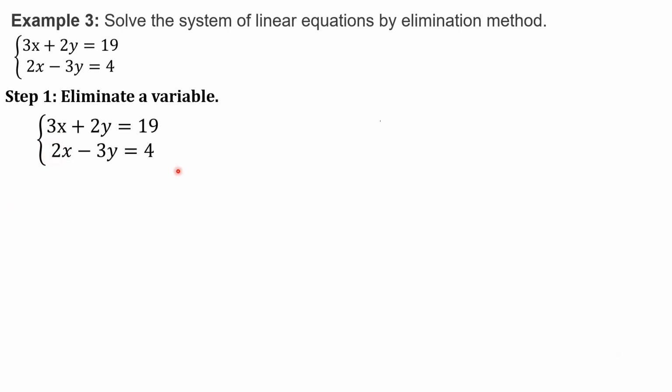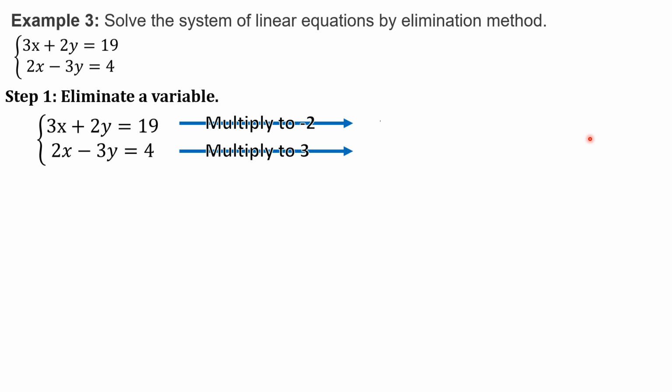To do that, I have to multiply negative 2 to the first equation and positive 3 to the second equation, so that both of the coefficient of x will become 6. Then I use negative 2 to the first equation because what we need is the same coefficient with different sign. So I decided to include the negative sign in the first equation.